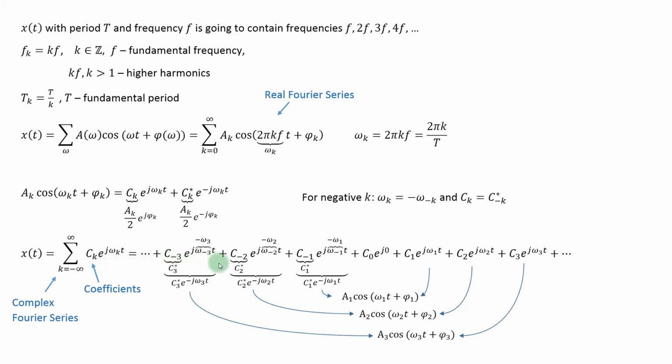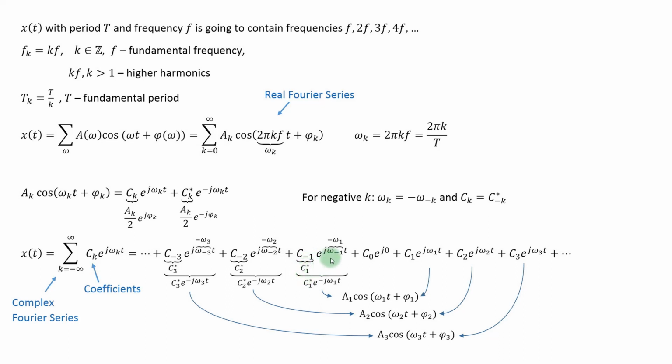So these parts of these cosines are included in the sum for k positive. Now what about these summands for k negative? Well, I cannot take those directly from here, because this expression is not used for negative k. There are no negative k's in this interval. But what we can do is define that c sub minus 1 is equal to c sub 1 complex conjugate.